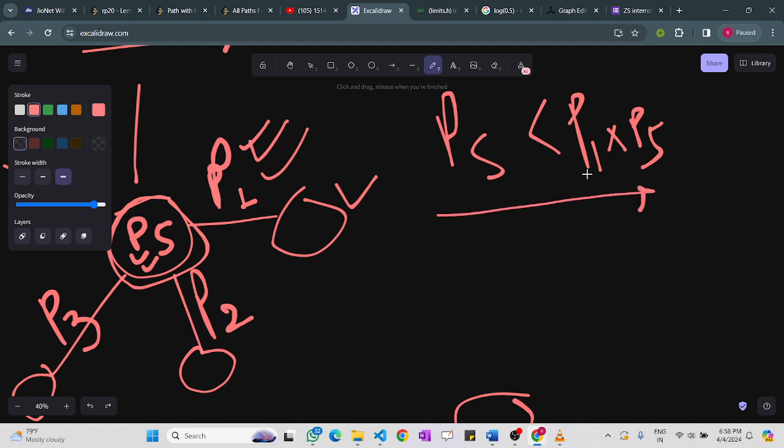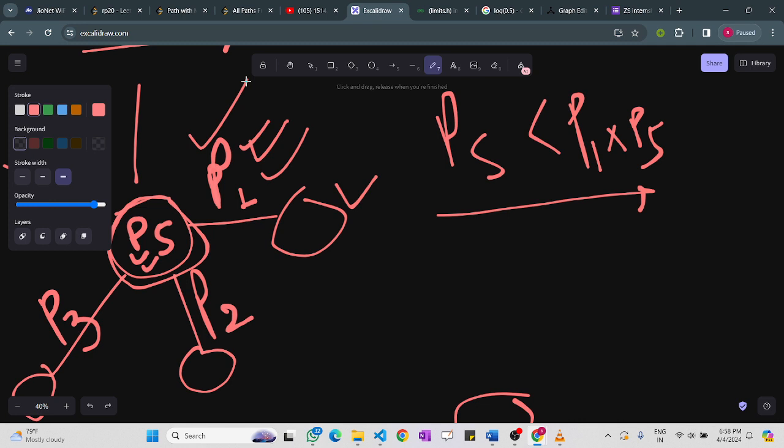So both are between 0 and 1, and P1 is smaller than P5. Then the multiplication of P1 and P5 will be smaller than P5. So will you take this P1 into consideration? Will you include this part?